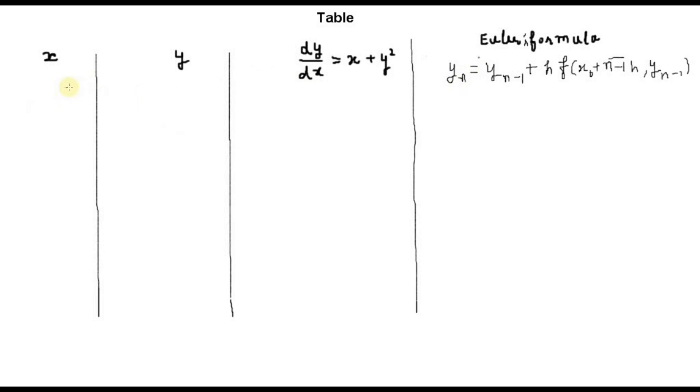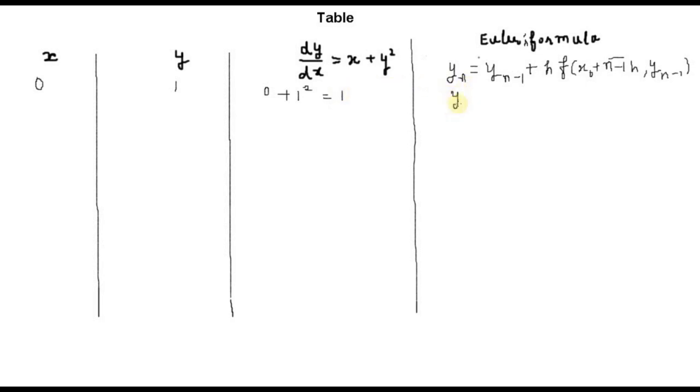First we come to the point which is initially given, that is x is 0, y is 1, and then dy by dx will be calculated as 0 plus 1 square. So this is equal to 1, and now we substitute it in this formula.